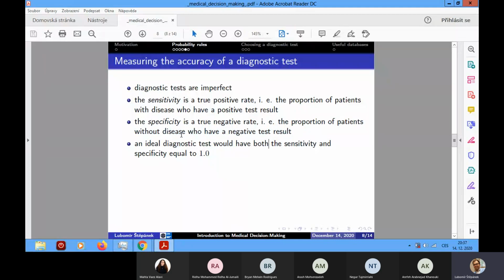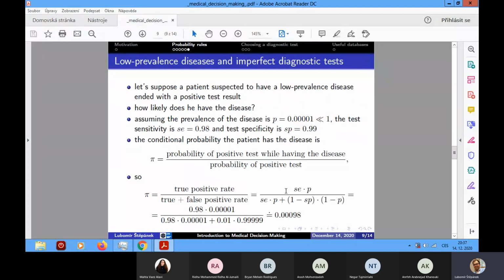So they have no disease, but still they will have a positive test result, definitely a false positive. So I have to calculate 1 minus specificity to get the false positive rate, and multiply it by the probability of not having this disease.